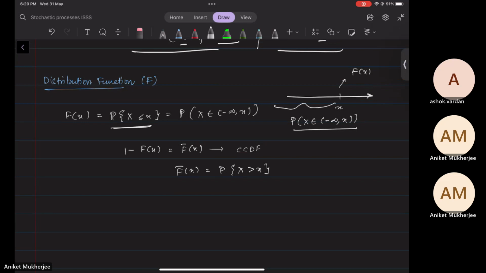So now, X is a discrete random variable, which means that the set of possible values is countable.